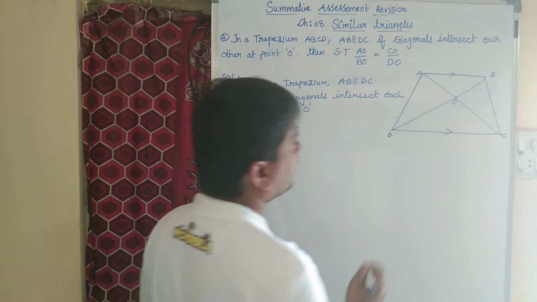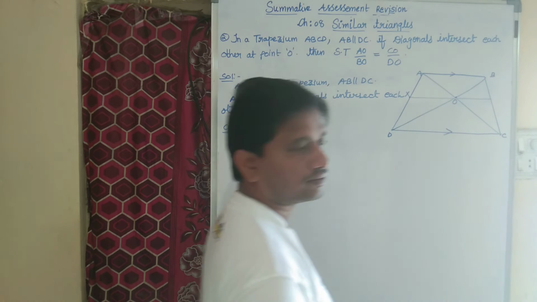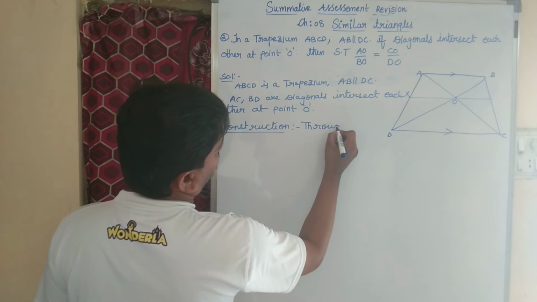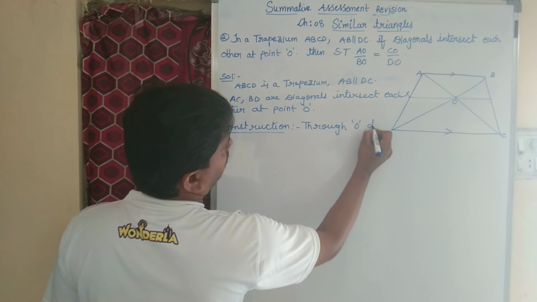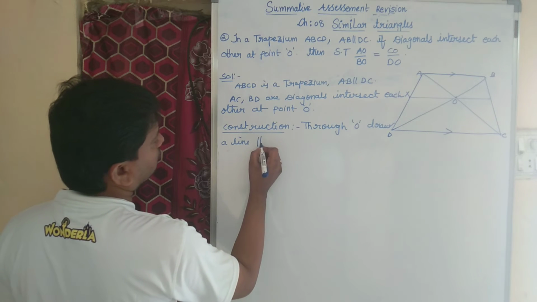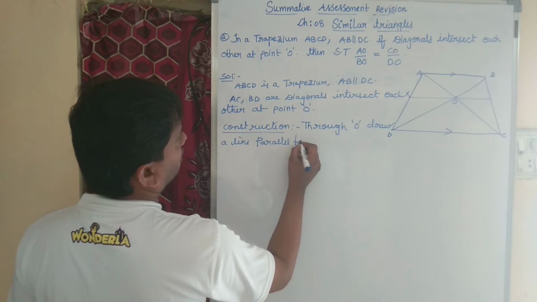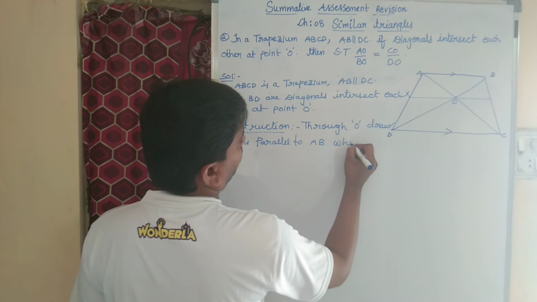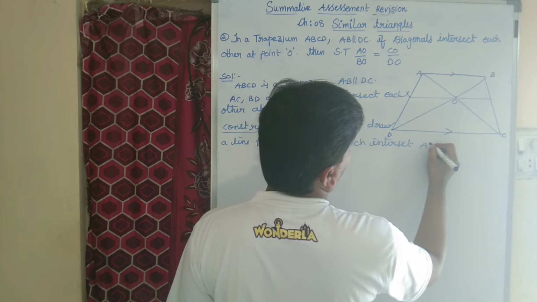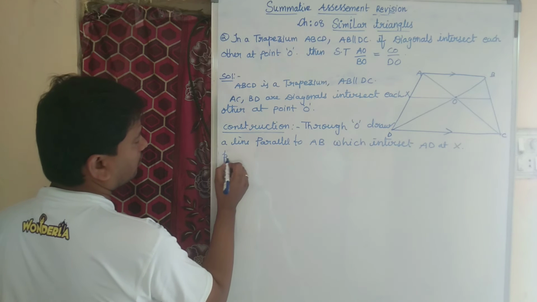Students, through O, draw a line parallel to AB which intersects AD at X. Okay, and then the proof.